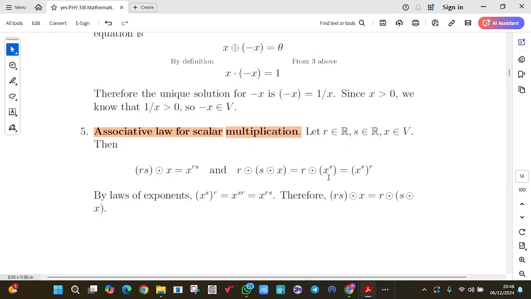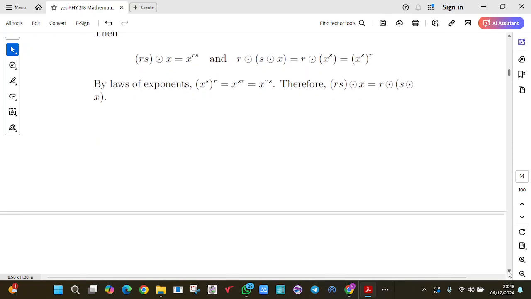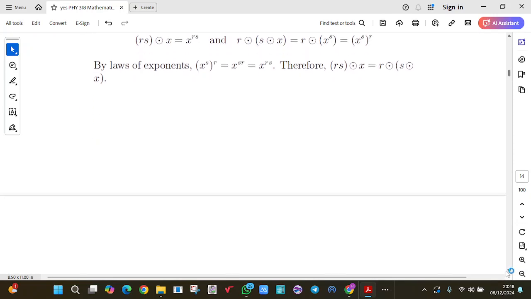Now you have one and two. So by this law again, you copy this, you raise to the power. That is what happened. By the exponential law, x to the power s to the power r is the same as x to the power r to the power s; you can interchange whether it's sr or rs.